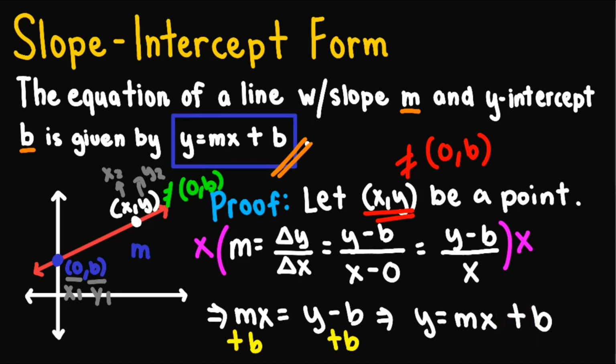And again, since x and y are just arbitrary points, it's like we can treat these coordinates as the variables. Therefore, we arrive with what we want. So that is a mini proof on how we obtained the slope-intercept form of a line.